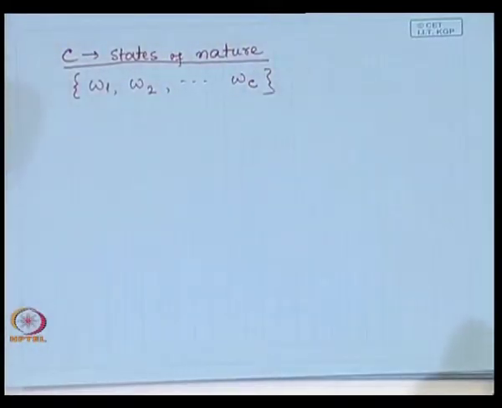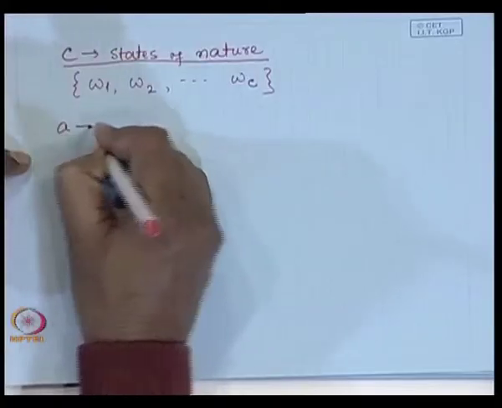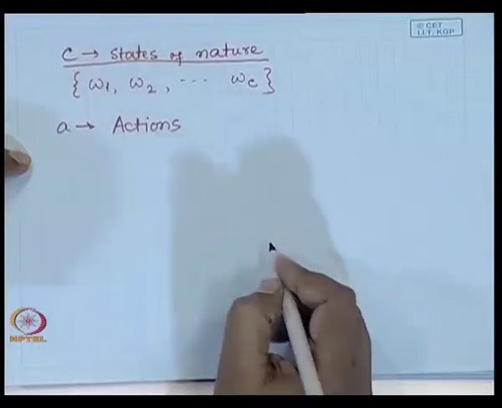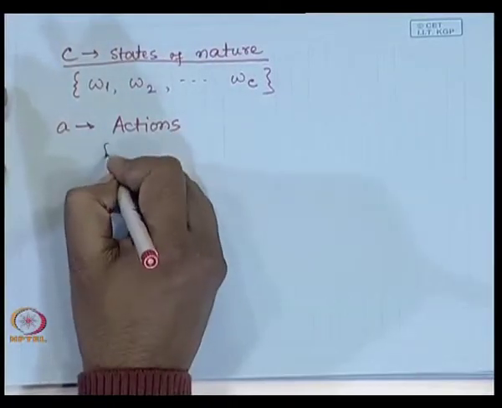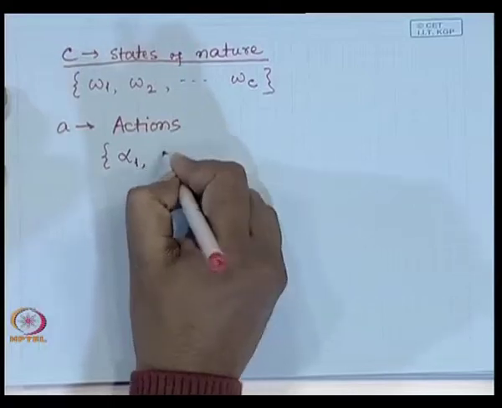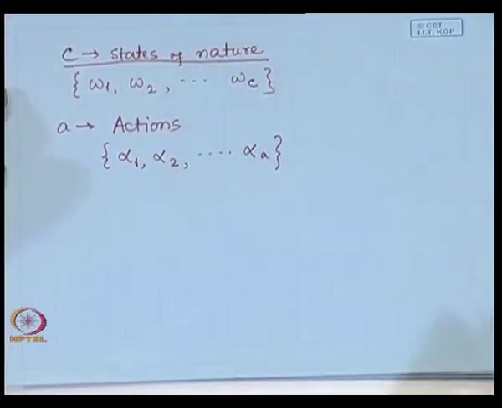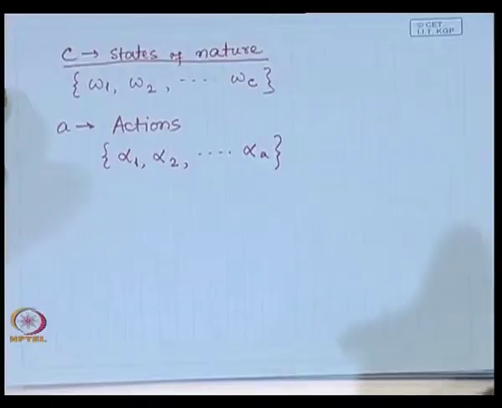Now, about the actions, we also allow actions other than merely deciding about the states of nature. Suppose there are a number of actions. I represent this set of actions as alpha 1, alpha 2, up to alpha a. This is the set of actions that I have, apart from simply deciding whether the object belongs to class omega 1 or omega 2 and so on.